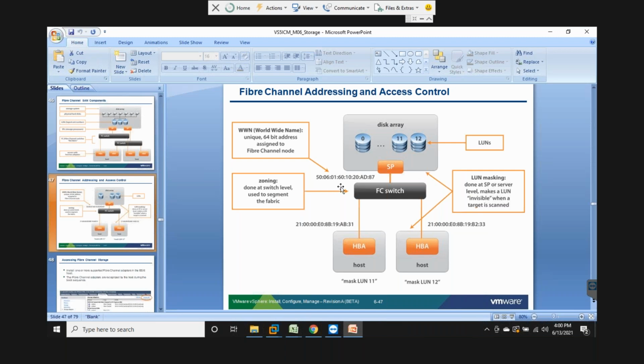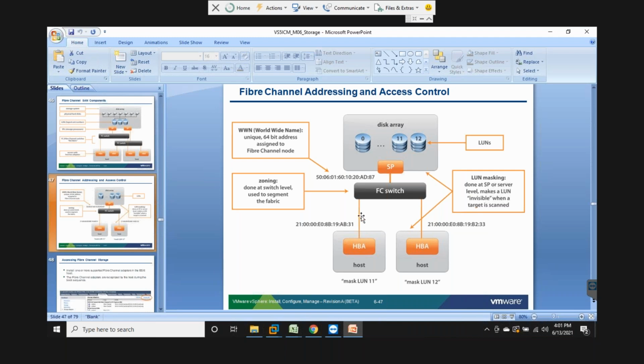Let me tell you one more important interview question, zoning and masking. This question was asked to me as well a long time ago. What is zoning and what is masking? Zoning is a technique which is done at a particular switch level by the storage team to grant access to your host.